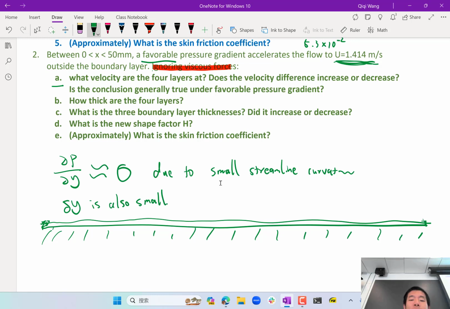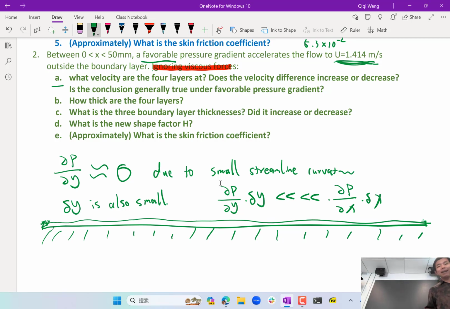As a result of that, partial p over partial y times delta y is going to be much less than partial p over partial x times delta x, right? So basically, we have this much less than this, and also this much less than this. As a result of this, the variation of the pressure in different layers is much less than the variation of the pressure between this station and this station.